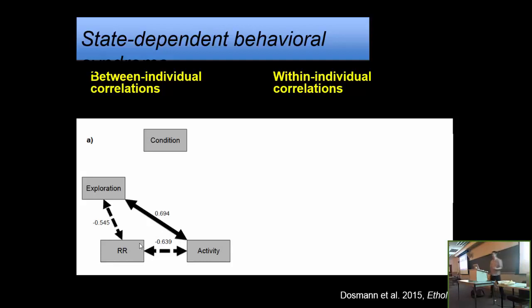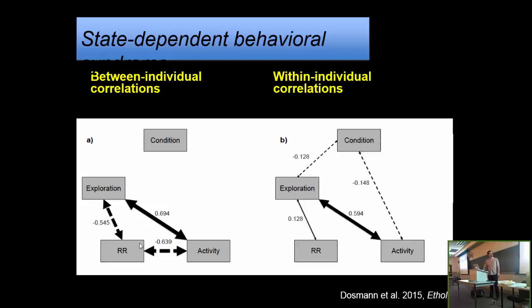And so we see that there is a behavioral syndrome at the between individual level here. However, there's not a significant relationship between those behaviors and condition at the between individual level. But when we look at within individual correlations, we see that there's not a substantial, but a significant negative correlation between condition and activity, and condition and exploration.